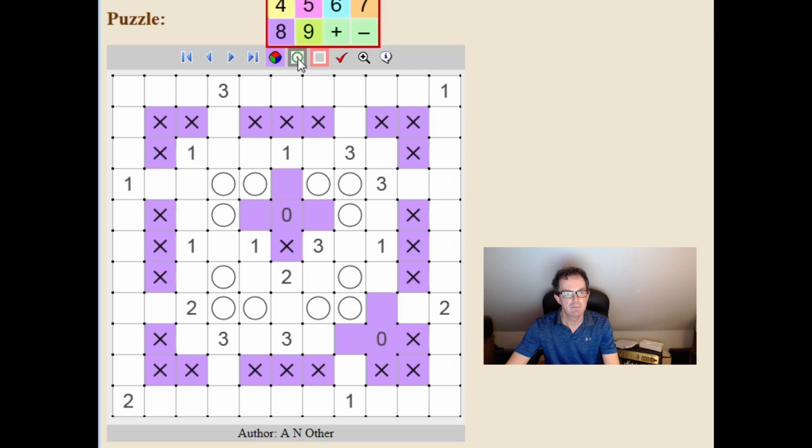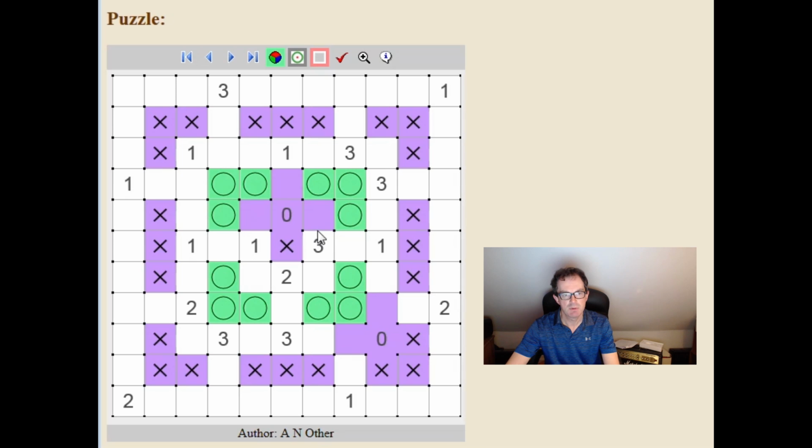Now let's fill in the sheep with a different colour. Let's fill in sheep with green. That will allow us to see some other things that are going on. Now I guess if we look at the 3, for example, here, we know that 3 of the edges of the 3 will obviously be taken up with line segments.